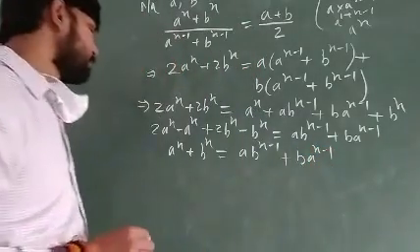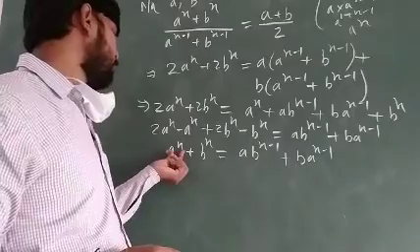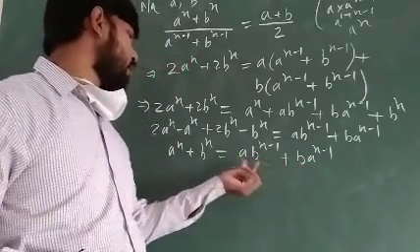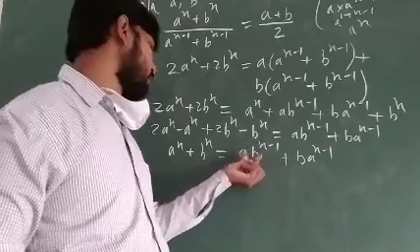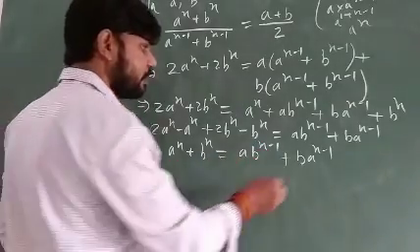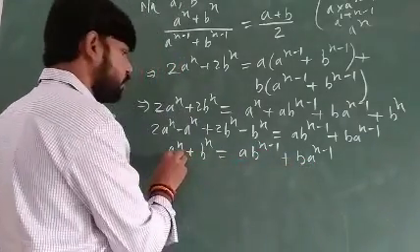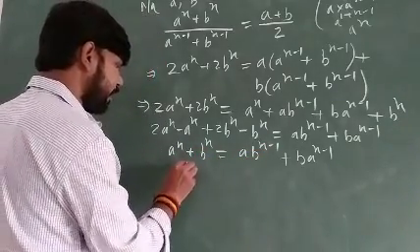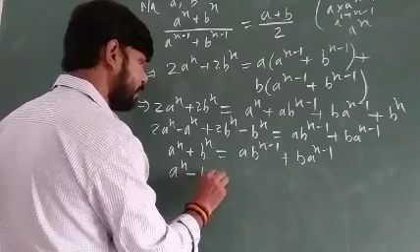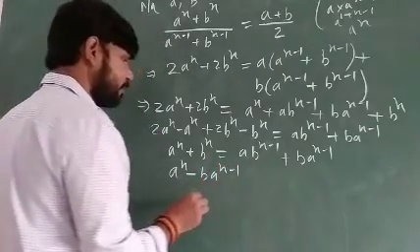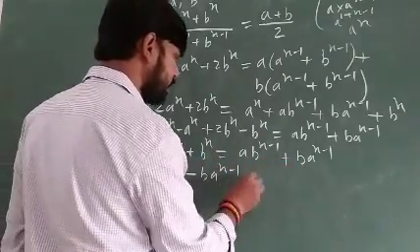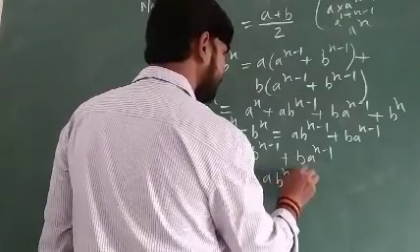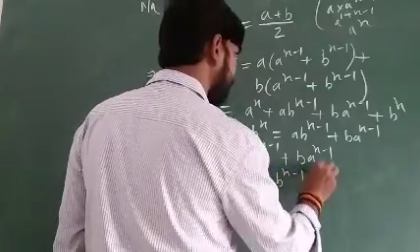Now here it is A power n, and here it is A power n minus 1, and here it is A B power n minus 1. What we will do is take this term and this term together, and this term together. Now we get A power n minus B A power n minus 1, and this term to that side, you will get A B power n minus 1 minus B power n.